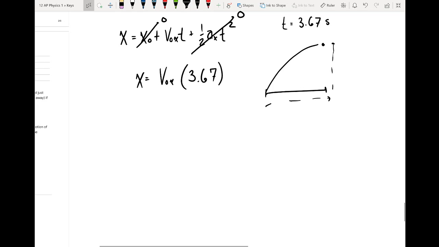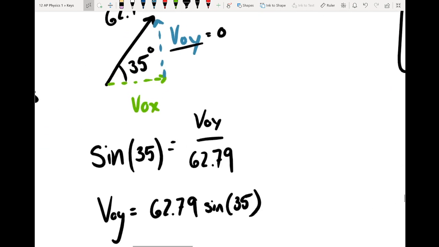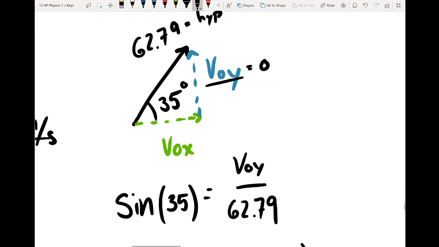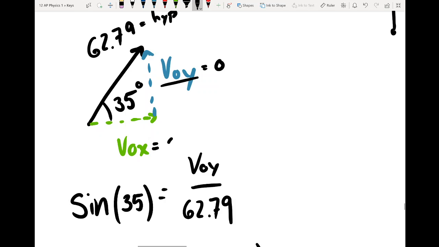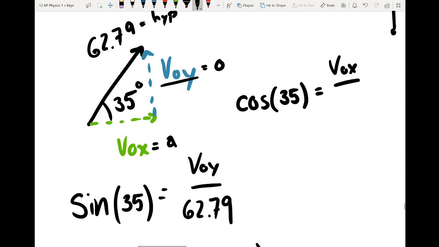So then what we have to do is figure out what v naught x is. We can do the same process that we did up here and say, in this case, v naught x is our adjacent side. So cosine of 35 is equal to my adjacent, v naught x, over 62.79.